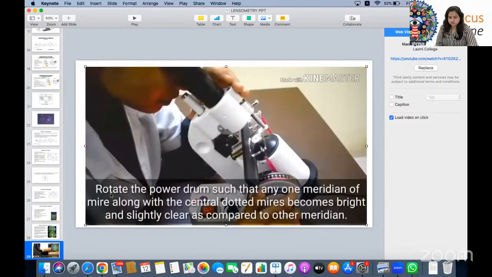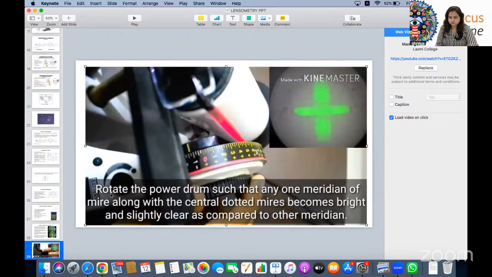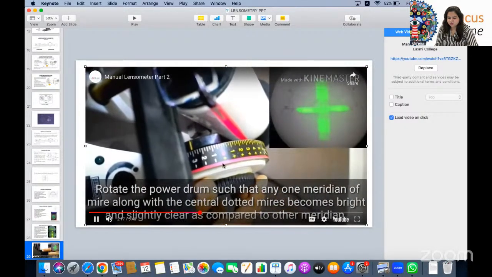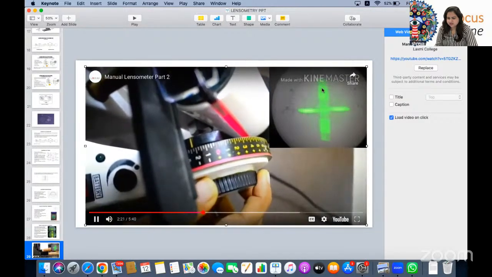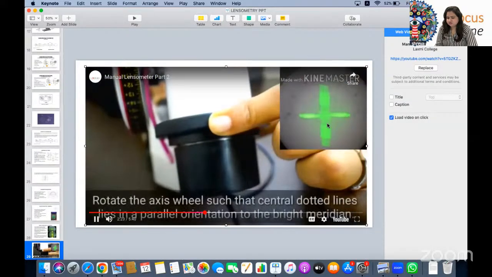Rotate the power drum such that any one meridian of the Mires gets focused. So right now, this one horizontal meridian is getting focused and the other one isn't. So that means that we are dealing with a cylindrical lens.